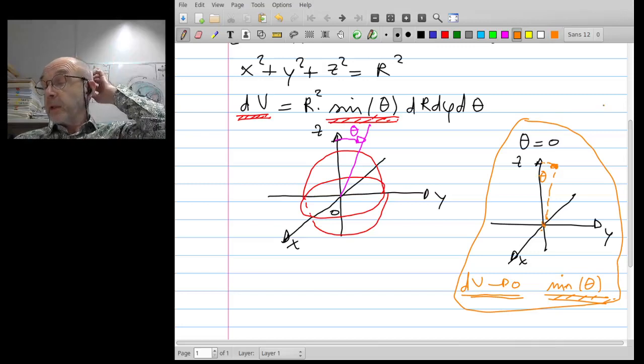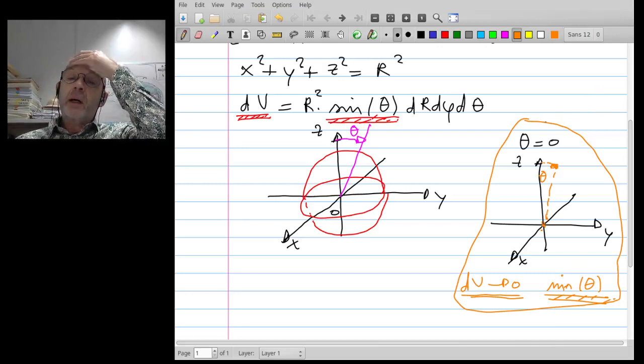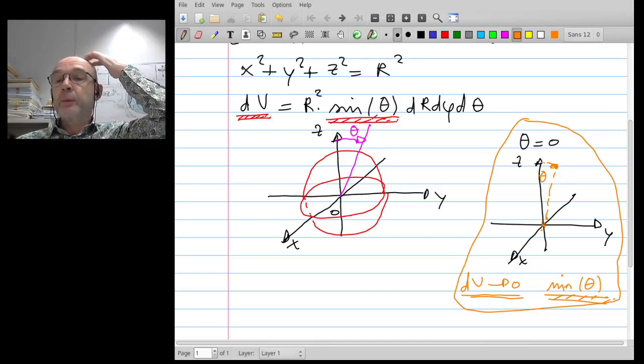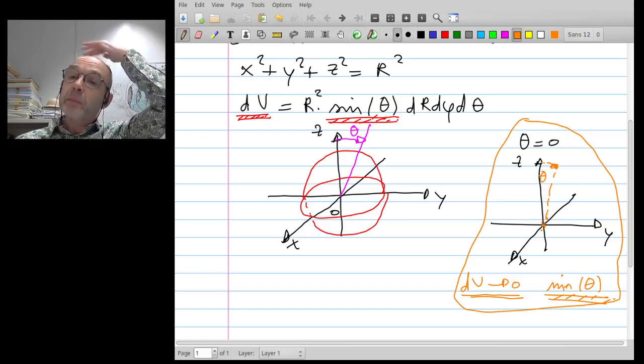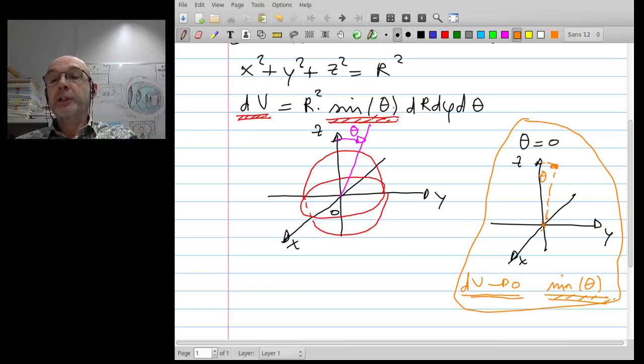So you can look at it, and if you are in the xy plane, your theta is pi divided by 2, and then you have a volume, and that will be r squared.